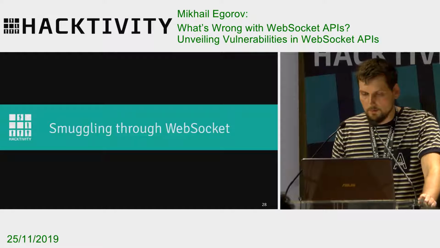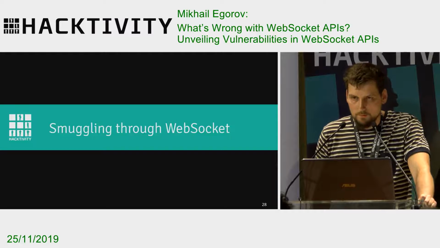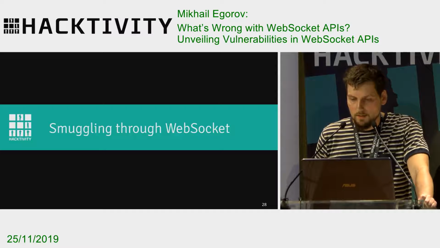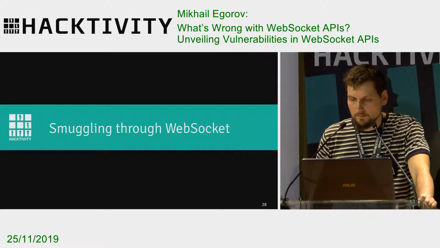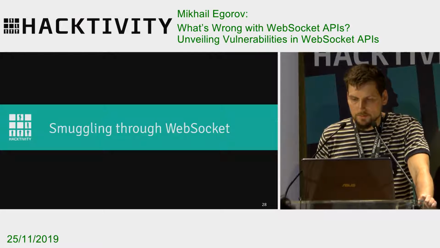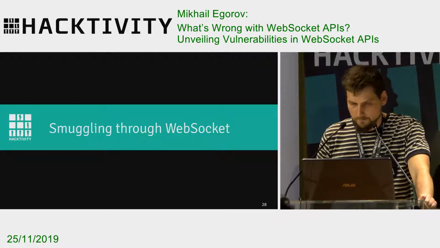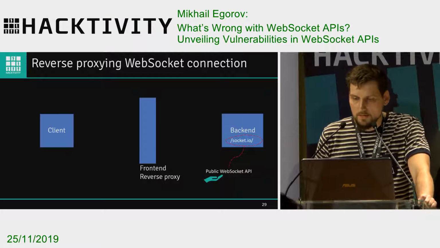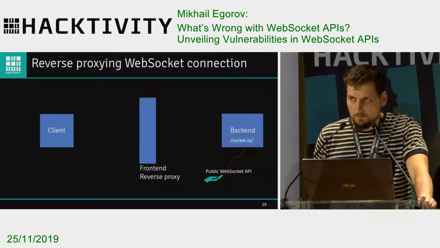Now let's explore issues with reverse proxying of WebSocket connections. If you remember, I called them new at the beginning of the talk. These issues allow you to smuggle HTTP requests through a fake WebSocket connection and access internal stuff that is inaccessible otherwise. Let's start by observing how reverse proxying for WebSocket works.